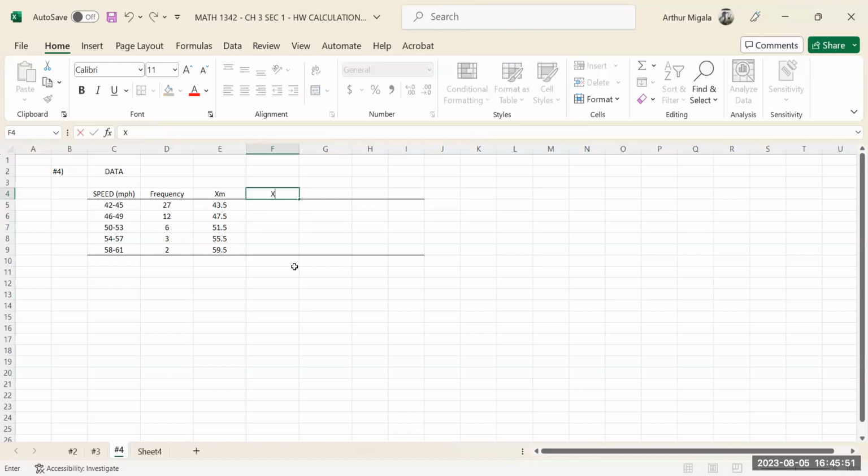So XM times the frequency. That number times the frequency. I do it for all of those. Add them all up.